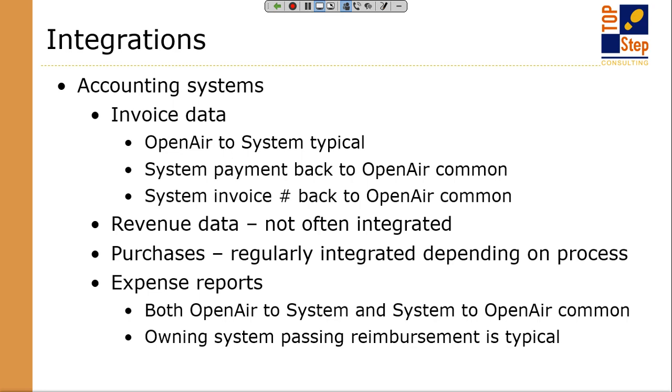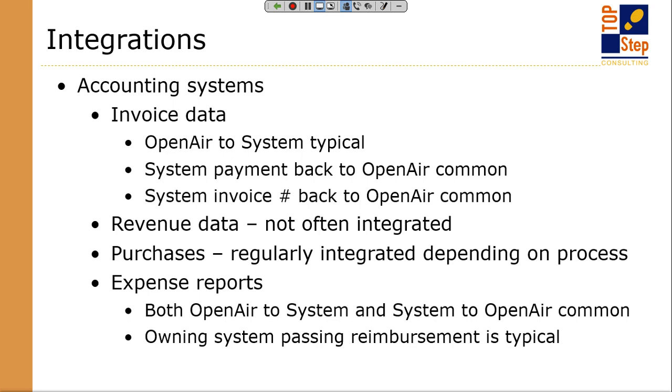Now, typically with any of these, you've got to make sure that you have a system of record. Which one is going to be the real expense report system or invoice system or whatever it is. You have to ensure that early on in the process you've identified this is the system of record.